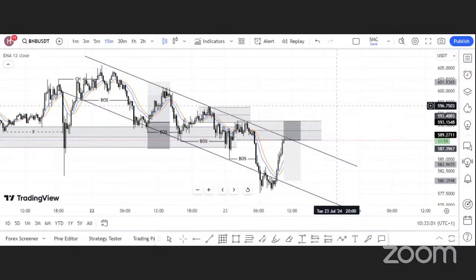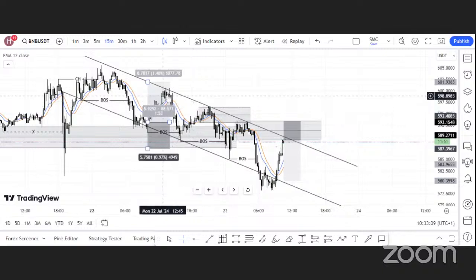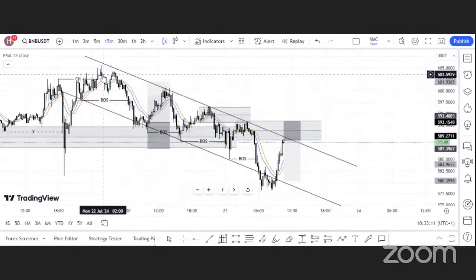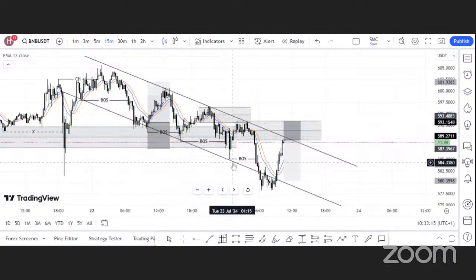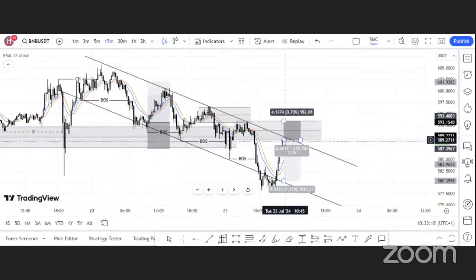Don't just enter the trade blindly. Don't just enter from anywhere or from any angle. You want to make sure that there's a rejection, something similar to what we have here. So you see, we have rejections, lower rejections, and even in this area we have rejections.